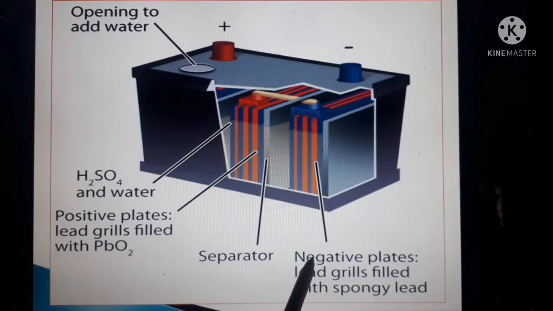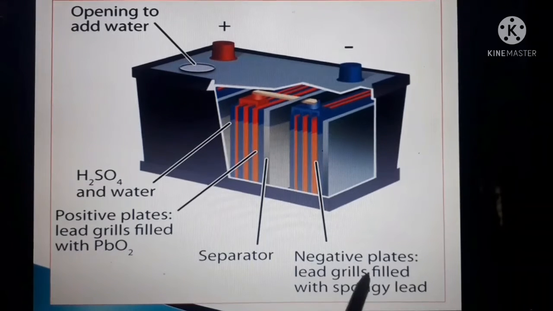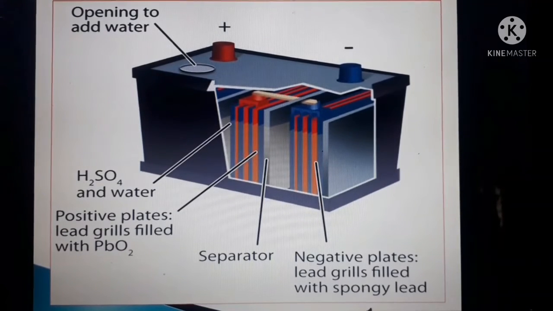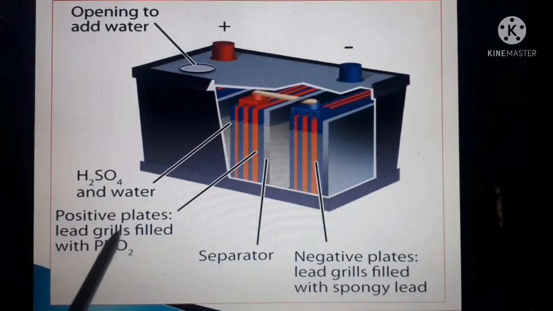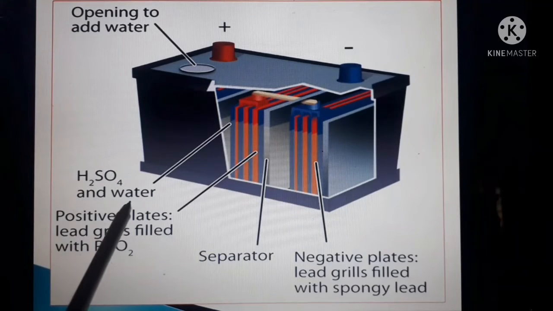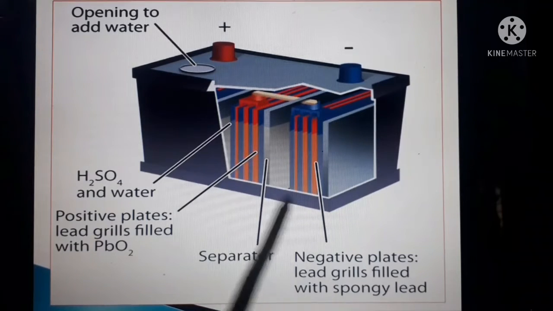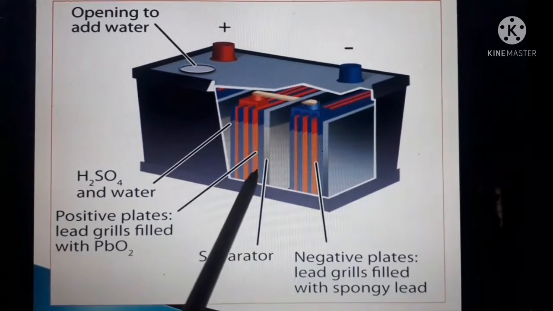We have already seen the galvanic cell cathode, but here it is the reverse: the spongy lead acts as the anode. Next, the positive plates are lead grills filled with lead oxide. Here this acts as the cathode. Sulfuric acid and water is the electrolyte. The two components are separated by a plate.